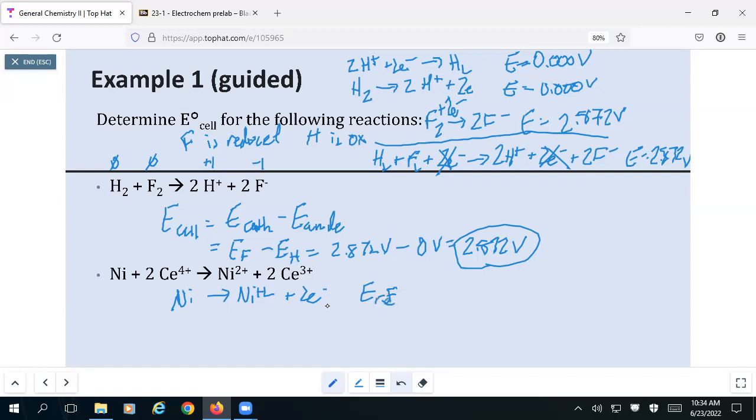So reduction potential would be negative 0.251 volts. I also have cerium 4 turning into cerium 3. And I can find that here, cerium 4 to 3, 1.72 volts.